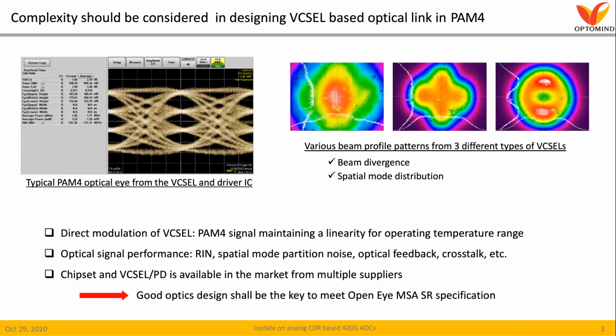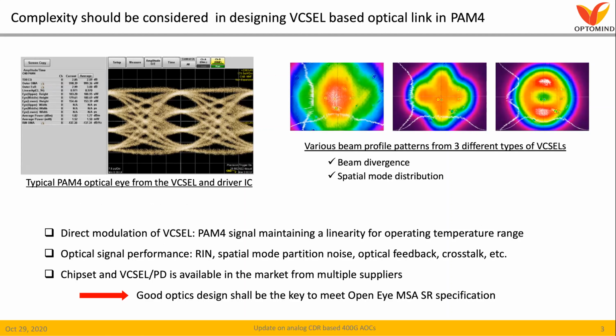We should consider the complexity of multiple parameters in designing a VCSEL-based optical link in PAM4. Multimode high-speed VCSELs have various beam profiles, including beam divergence and spatial mode distribution. Optics design requires receiving all the beams from the VCSEL to transmit a high-quality PAM4 signal to the receiver.